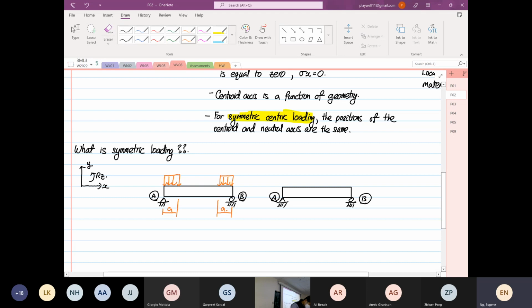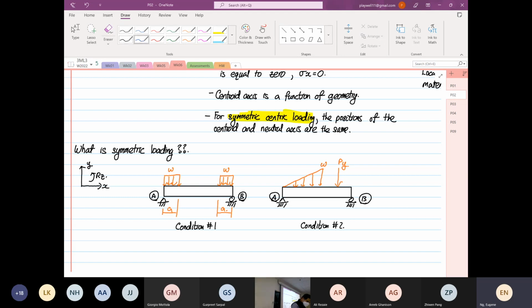On the right-hand side, we have a slightly more complicated loading situation. We have omega over here, omega the same, this is also omega, and we have a point load P. This is condition number 2.